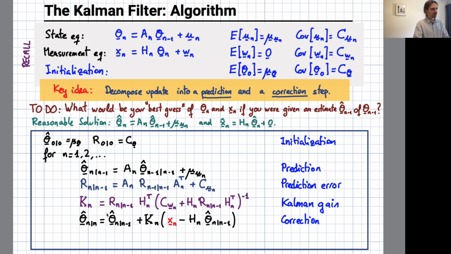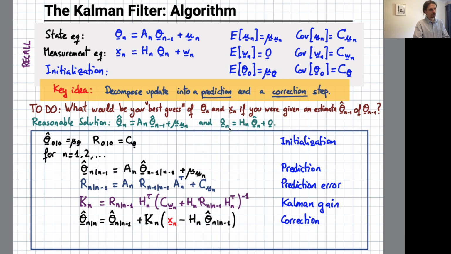It is like the previous estimate, in this case the prediction, plus a linear function of the innovations. Note that this agrees with our intuition.